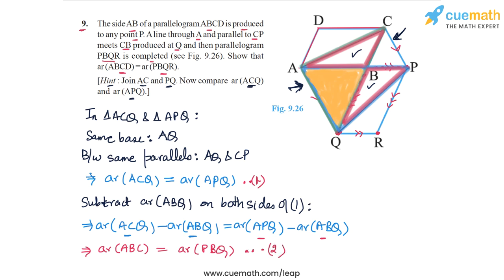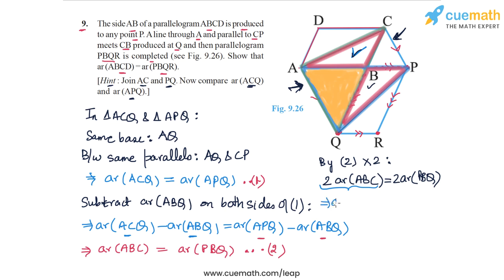And now all we need to do is multiply equation 2 by 2. So by multiplying equation 2 by 2 on both sides, we get 2 times area of ABC is equal to 2 times area of PBQ. And what is 2 times area of ABC? So ABC is this triangle, so twice the area of this triangle will be the area of parallelogram ABCD.